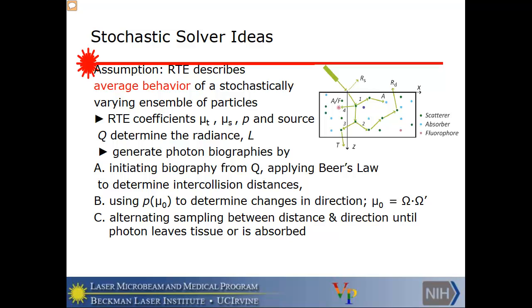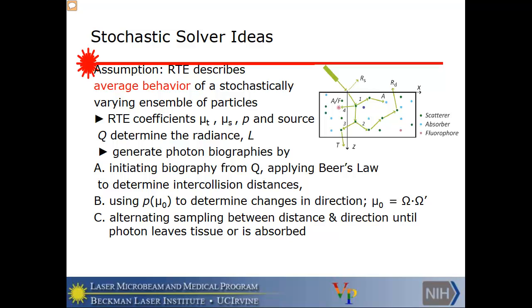So you would normalize that, make sure its integral is 1, and sample from it in a well-known way by generating random numbers and setting them equal, in this case, to the negative logarithm of the random number. Then that determines intercollision distances, applying Beer's law, where the average distance traveled between interactions of any kind would be 1 over mu t. And so you're sampling an exponential with an exponent of minus mu t.